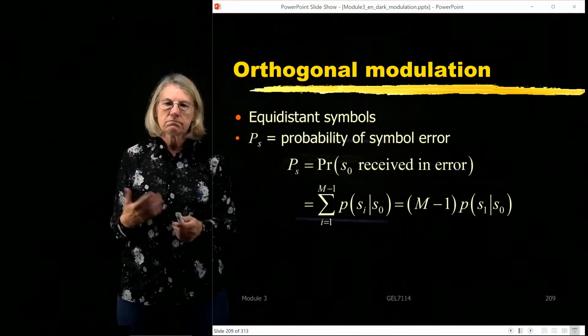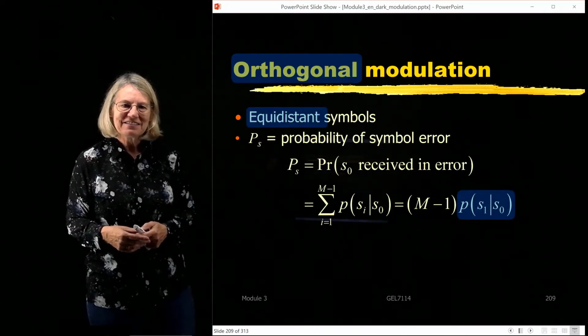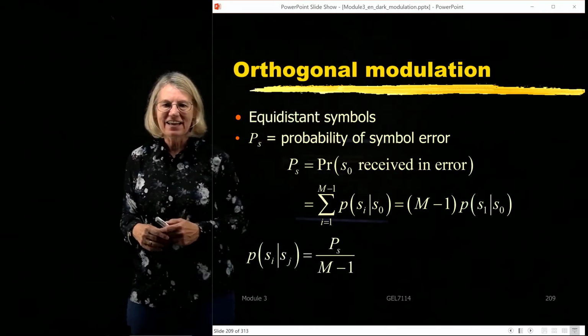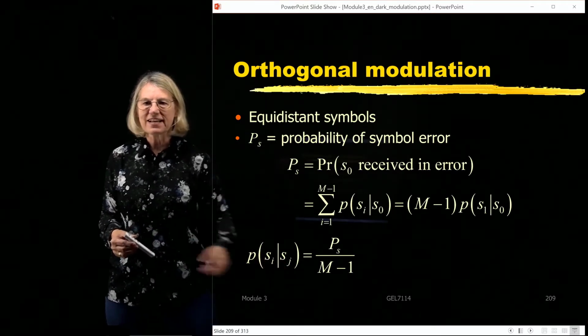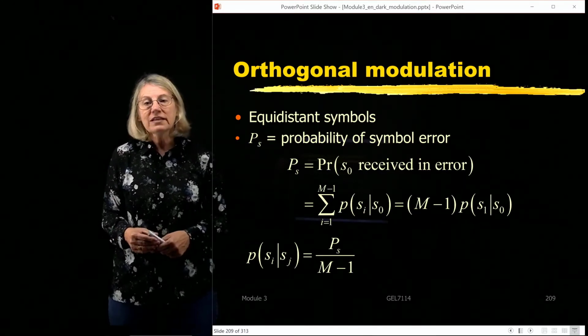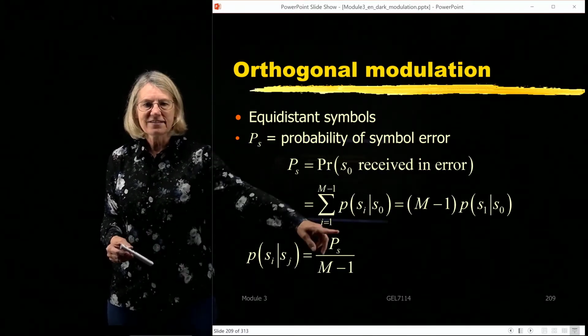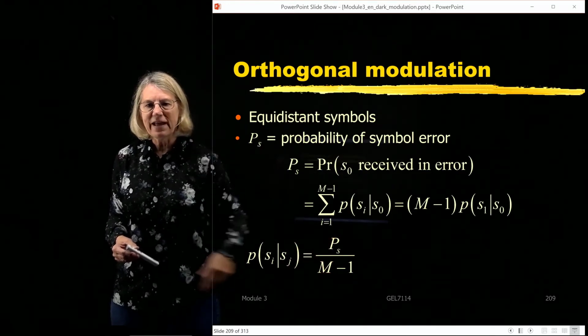Okay, so good. What do I do next? For any of these kinds of mistakes I can make, any of those conditional probabilities, I can write very simply as the symbol error probability divided by M minus 1.